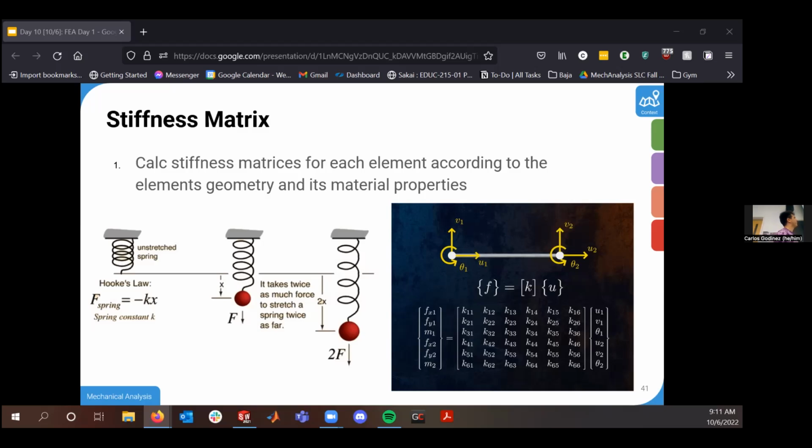So again, within just this simple 2D element right here, I then have this massive matrix that I would have to solve, and it's just impossible. For this simple case, it's actually not that bad to solve. You could solve it by hand, but this is just one element within my geometry.